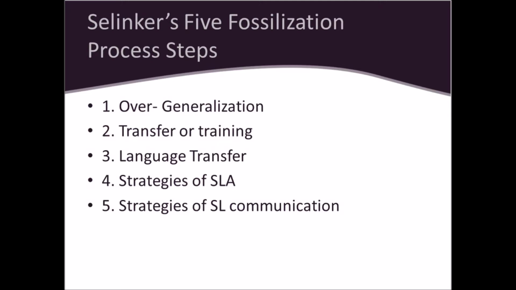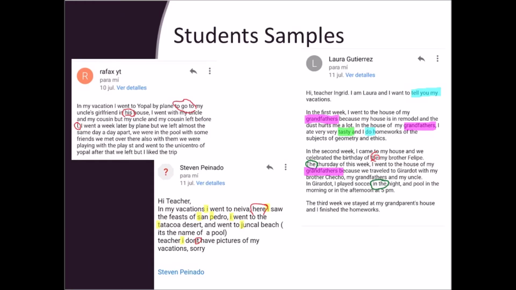Now let's take a look at some samples from students from the Stella Matutina School. In this task, students were asked to send the teacher an email telling her about their vacations. In the three samples, we can see the three kinds of errors. We can see some developmental errors that might be made by the age of the learners. We can tell some overgeneralization errors, like the verbs.